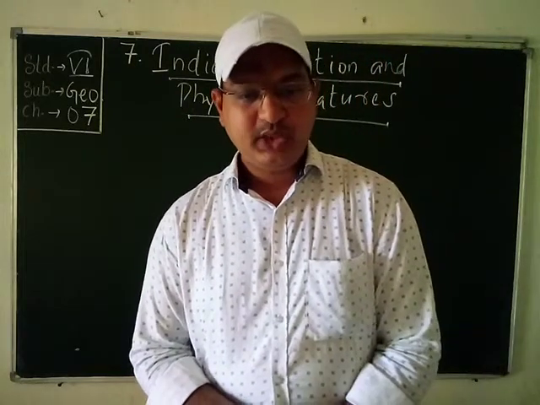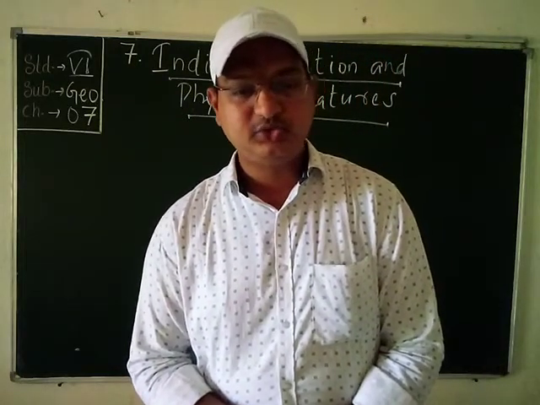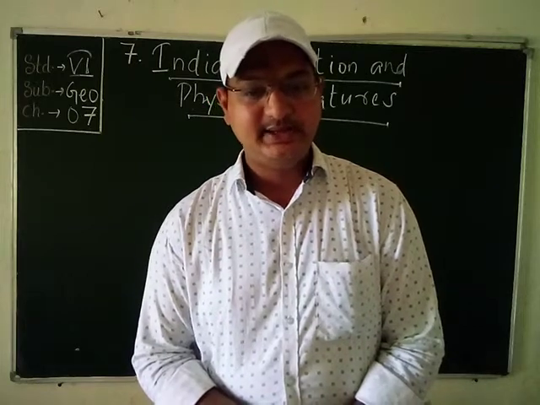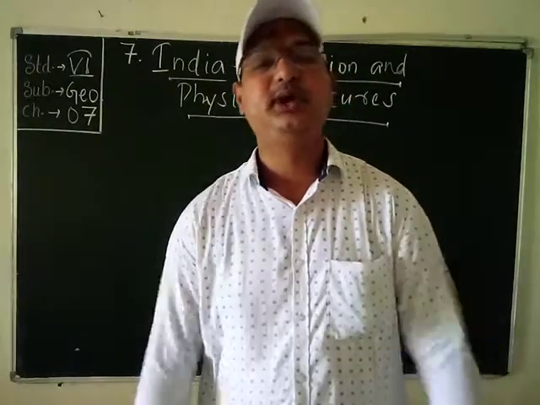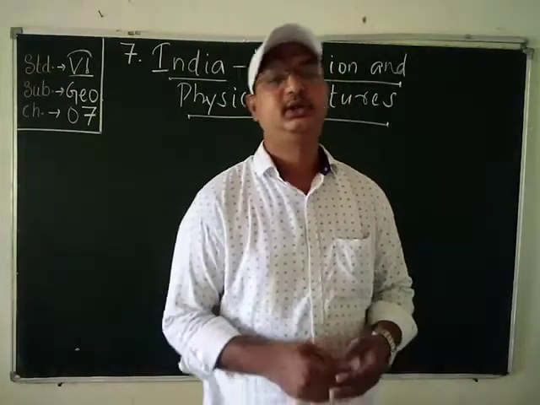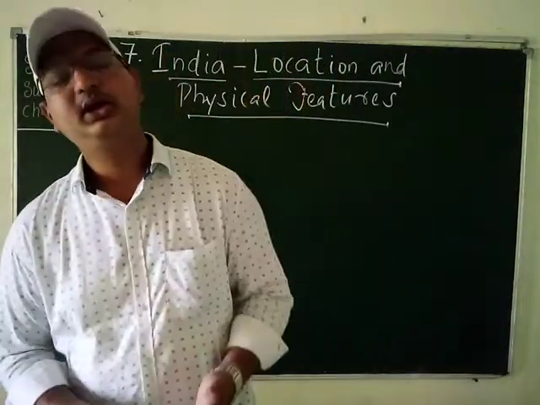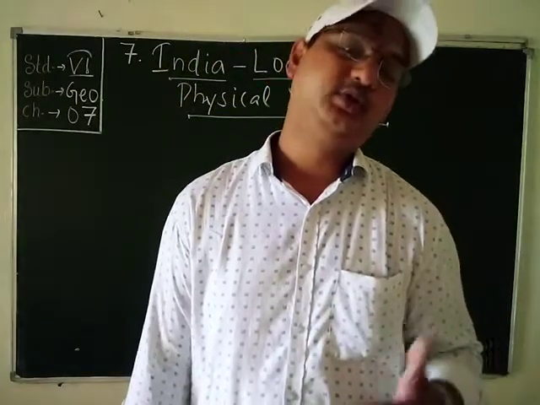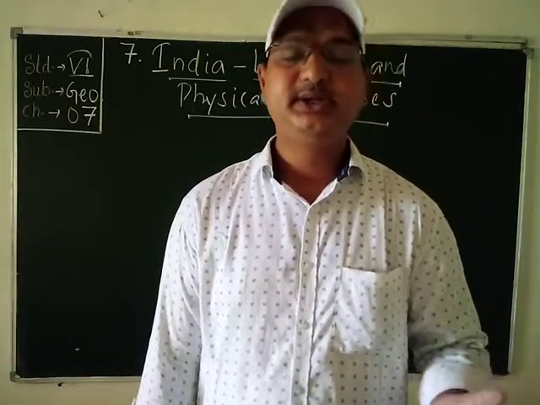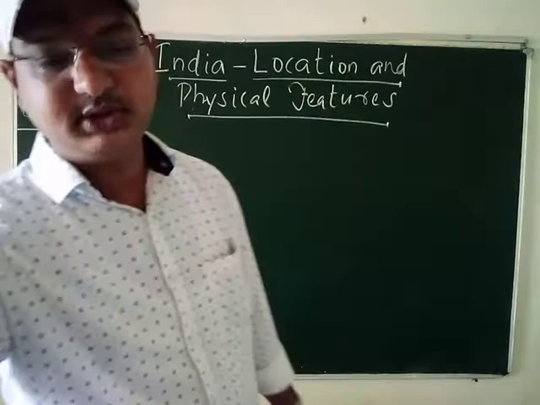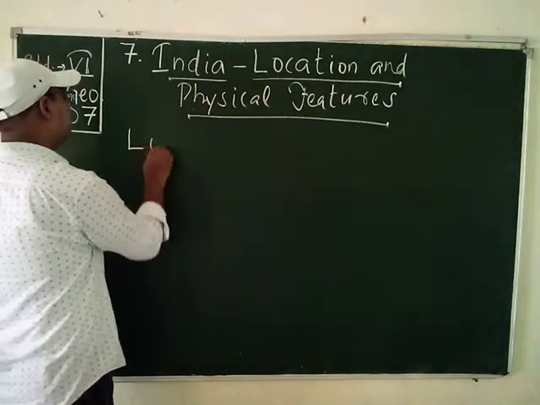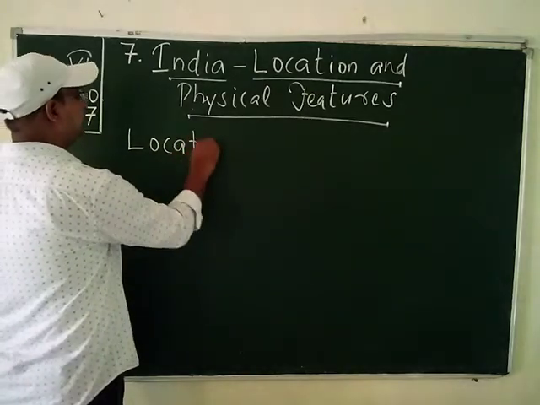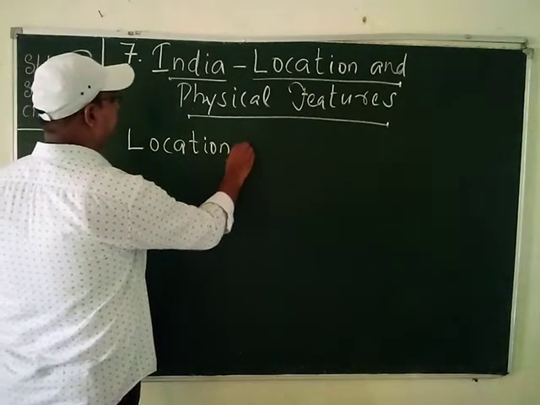Then the Himalayas in the north to the Western and Eastern Ghats in the south. These are the varieties of landscape which our country possesses. So students, in this chapter we will study the country's location and physical features. The first subtopic here is location. Where is our country located?